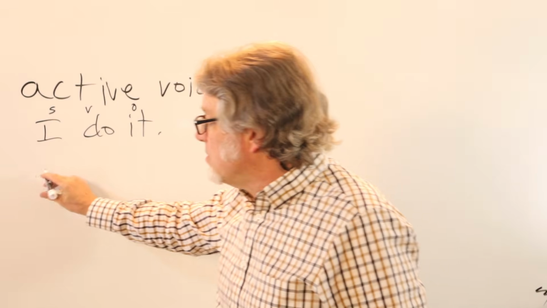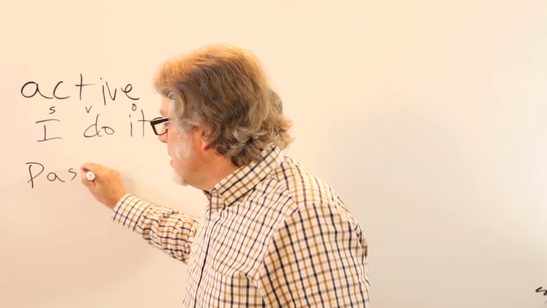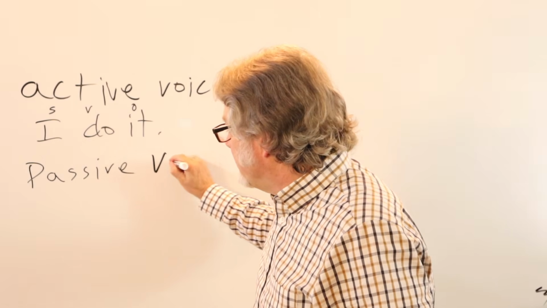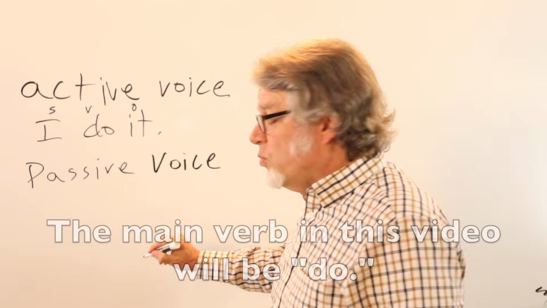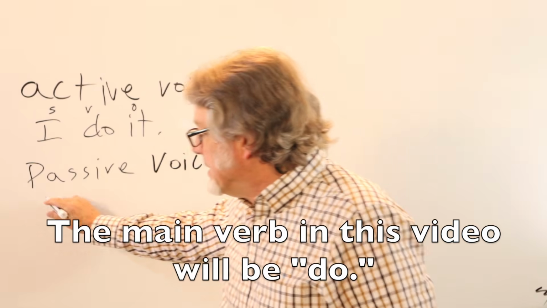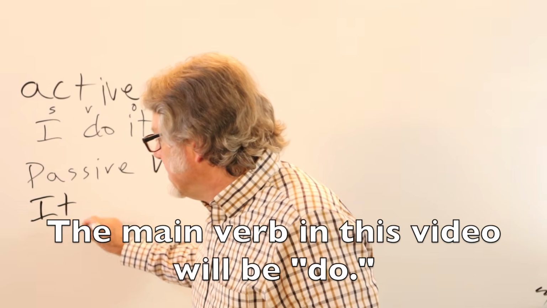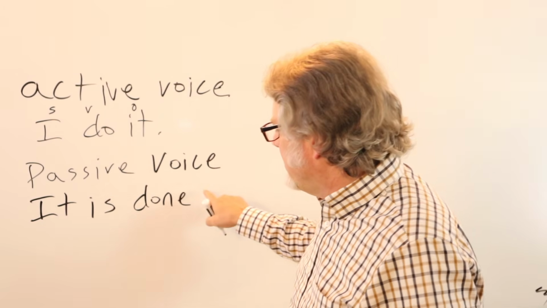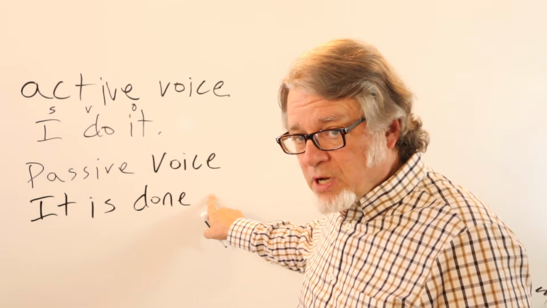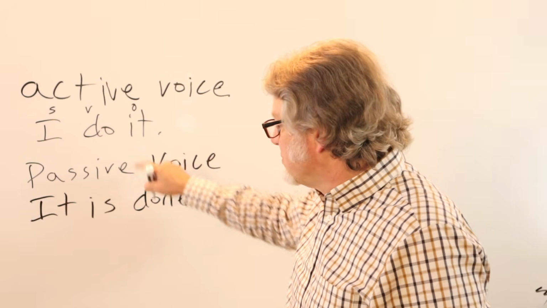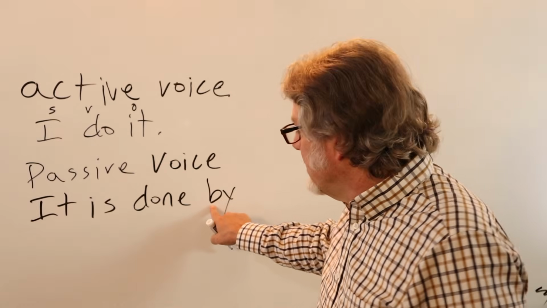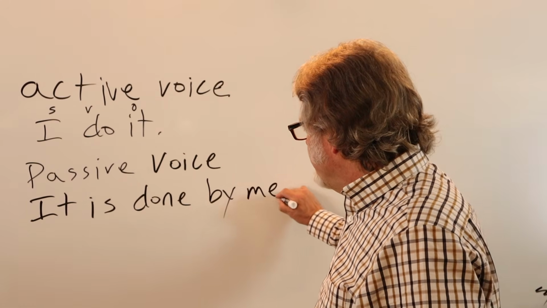In this video, I'll show you the 12 verb tenses in the passive voice, which looks like this. "It is done," and then I can say who does the thing, using the preposition by, and then me.